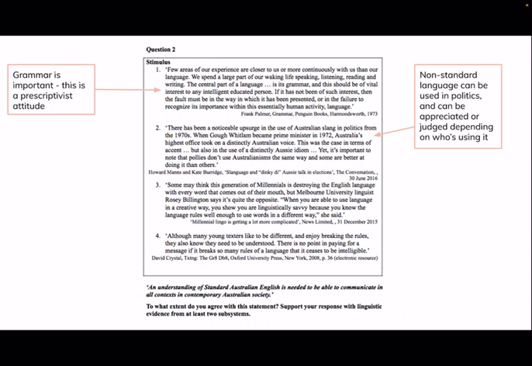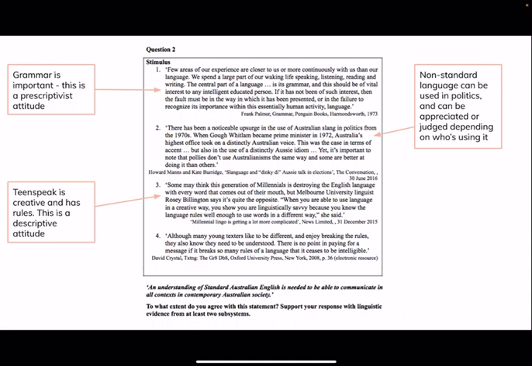This is a quote from a linguist who is saying that, even though people say that millennials and people who use teen speak are destroying the English language, that's actually not the case at all. So she's saying that teen speak is creative and it has rules. So this is a very descriptive attitude. So this gives me a clue that one of the possible topics that I could be talking about in my essay, one of my main ideas, could be centered around teen speak.